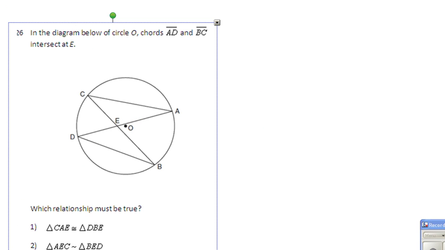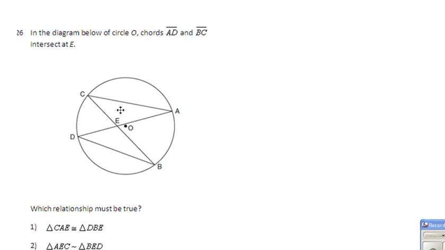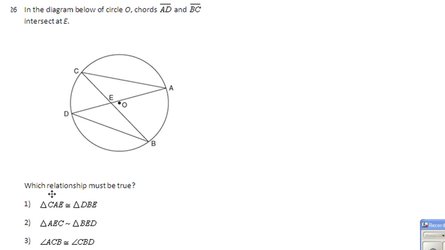Now next. Which relationship must be true? When these chords are meeting up together, creating a few different triangles, one thing that we get to realize is this: angle C right here, ACB, must be equal to angle ADB. Why?